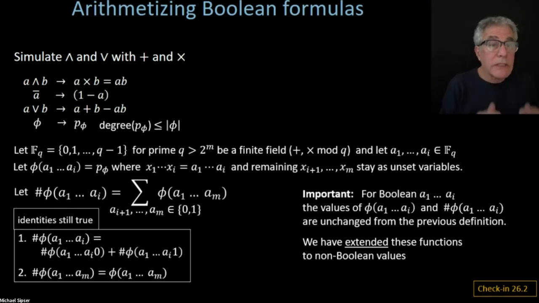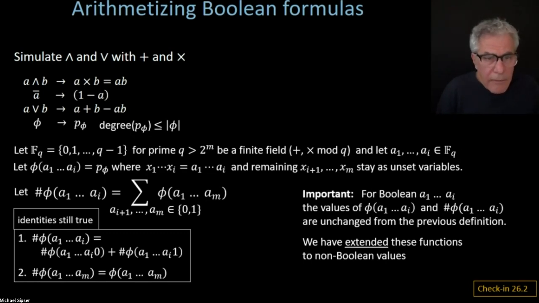So plus and times in the arithmetization give a faithful simulation of and or, according to these little formulas. That's all I'm saying with this. And so if I plug in Boolean values for the A's, I get exactly the same as I would have gotten before I did the arithmetization, because the arithmetization is a faithful simulation. Not sure how else to say it.